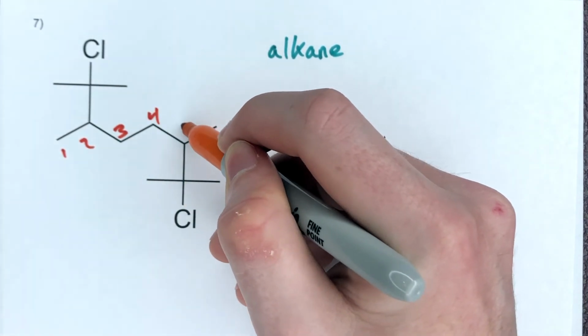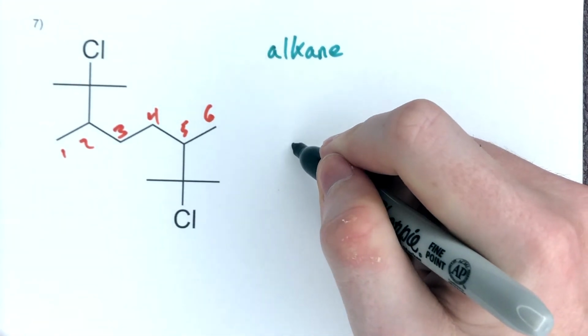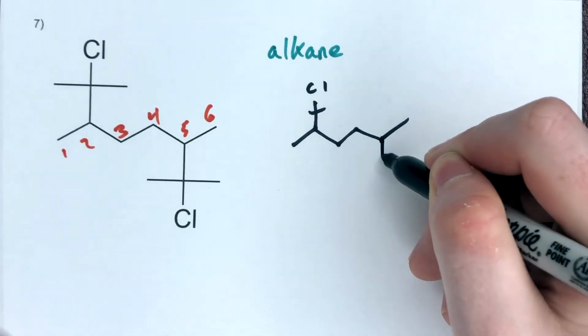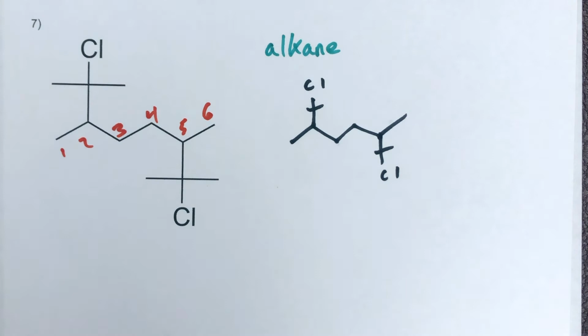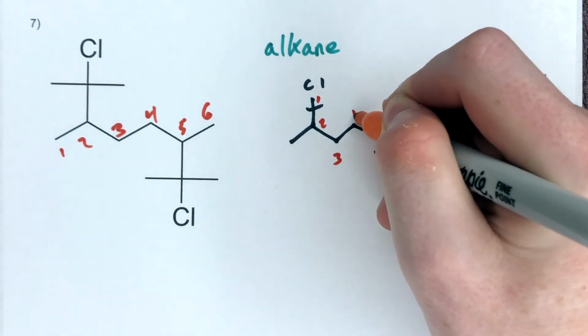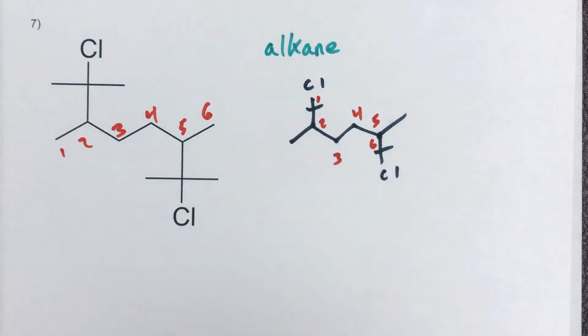So here is an option. And then let's draw the other option. Okay, there's our molecule, and then the other option would be 1, 2, starting kind of in the substituent. That would be the option there.